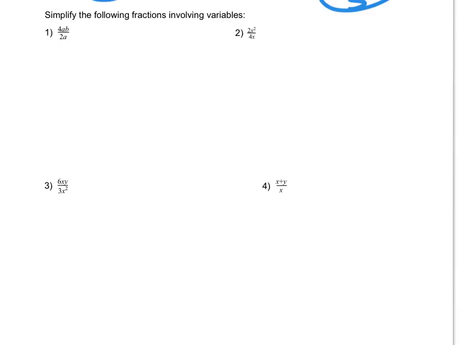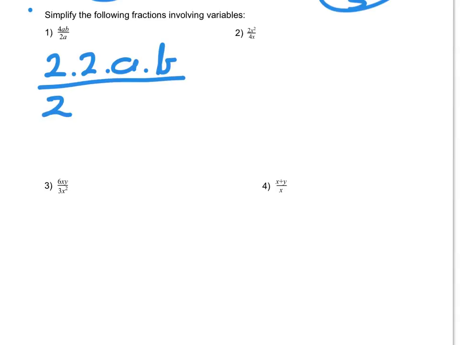So if you look at the top and the bottom, 4AB. Well, look at the letters part. You can see straight away that A is a common factor to both of them, isn't it? Now look at the numbers part. Well, 4 and 2, 2 is a common factor. So we're going to write the top as 2 times 2 times A times B. And the bottom is just 2A.